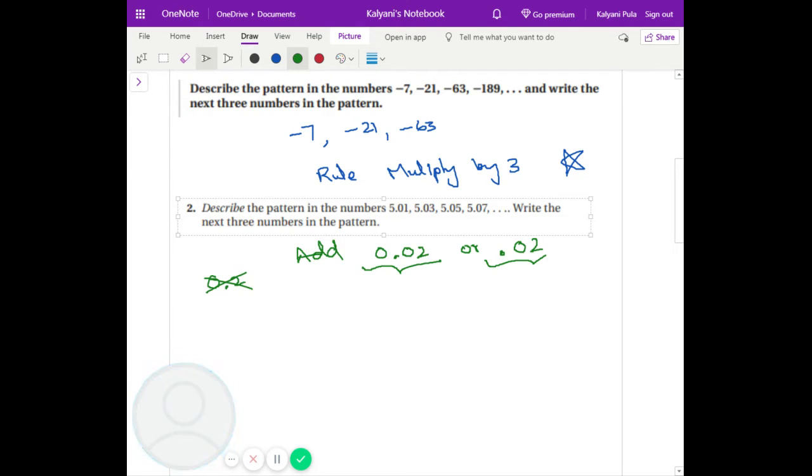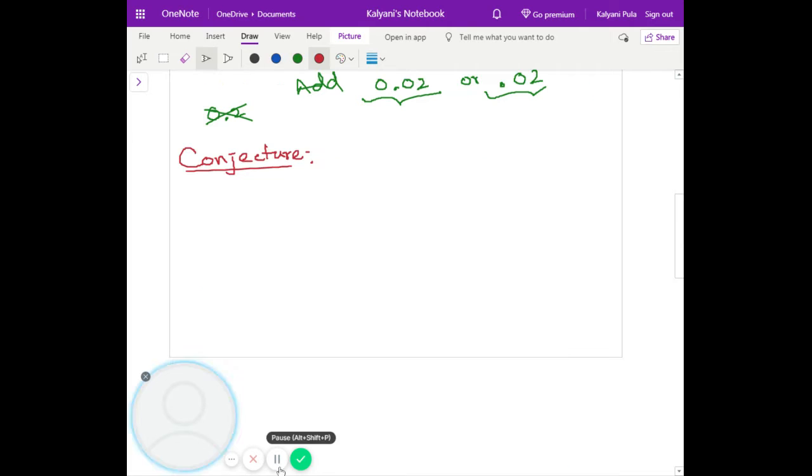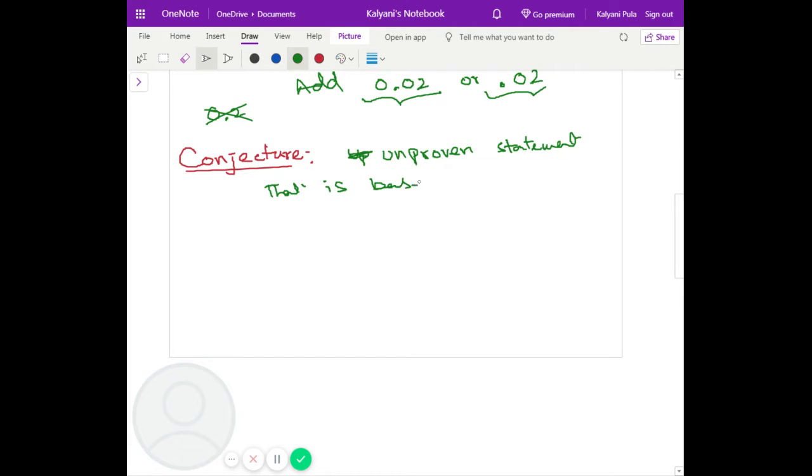Okay. Good. The conjecture is basically an unproven statement that is based on an observation.